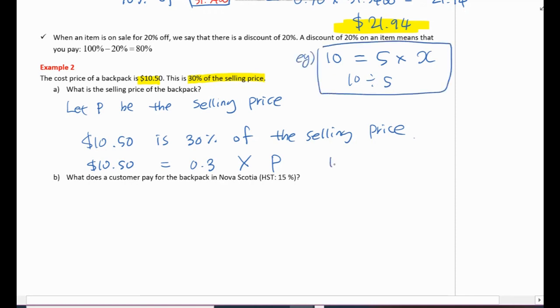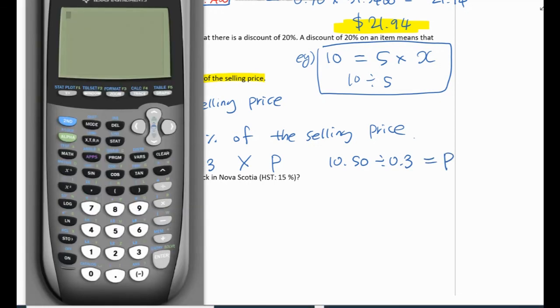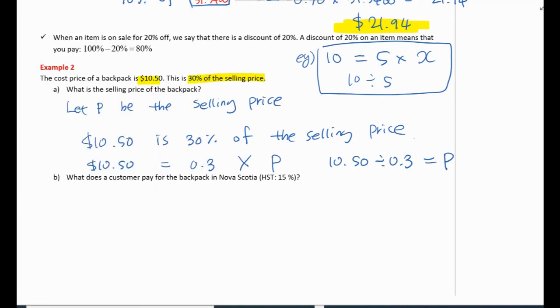You do 10.50 divided by 0.3 to find P. Let's do it. 10.5 divided by 0.3 is 35. So P equals 35. So the selling price is $35.